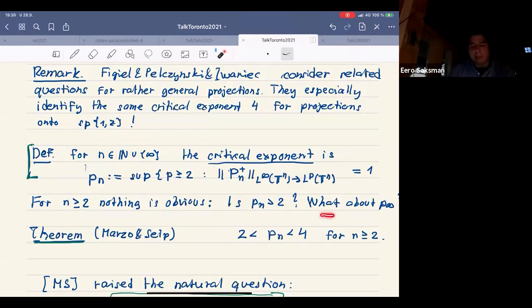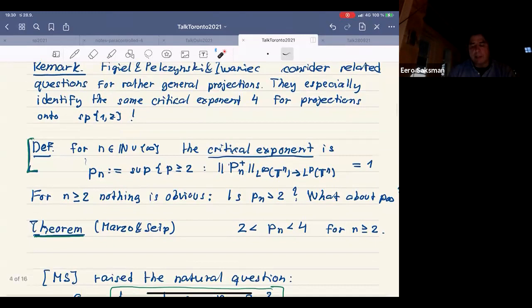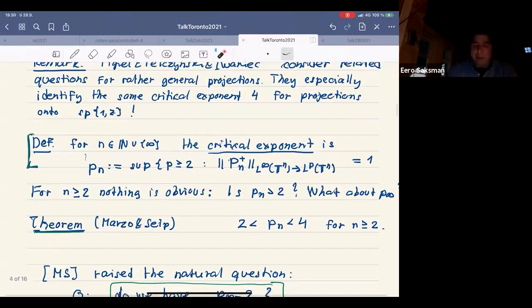And the main questions that remain, for example, you can ask for the precise value of Pn or how it behaves asymptotically, with right asymptotics.